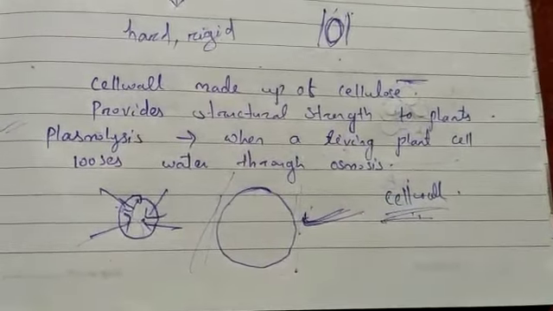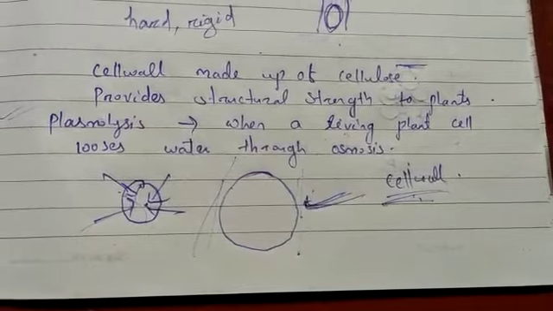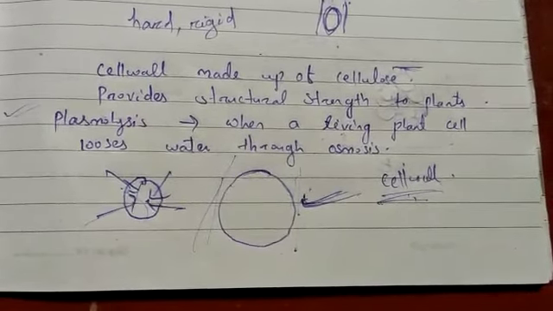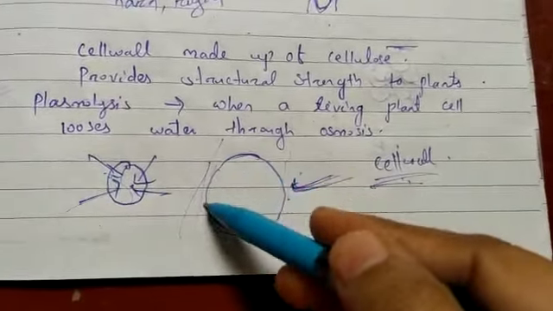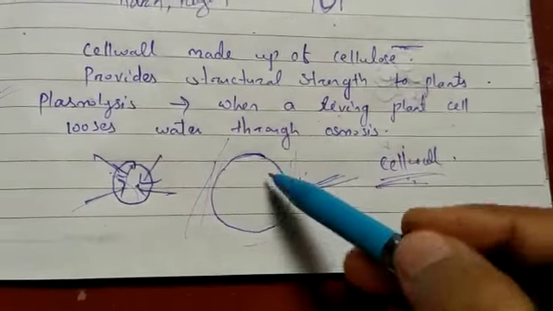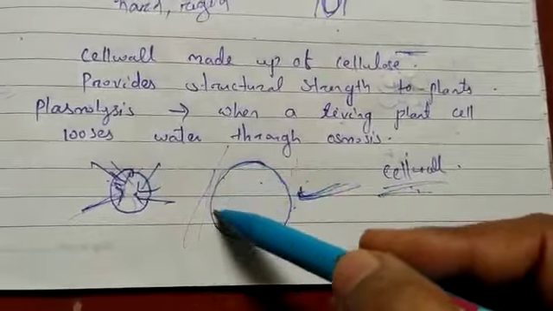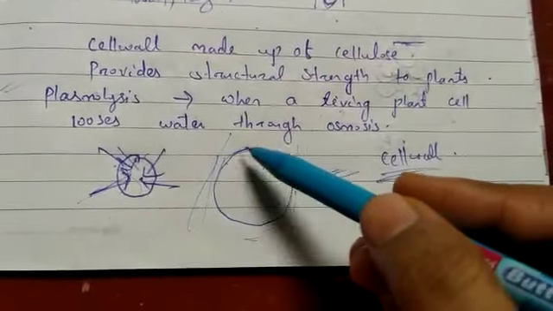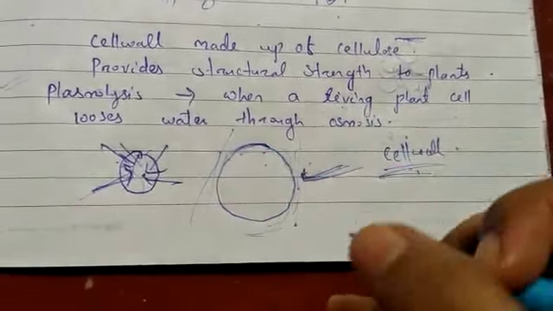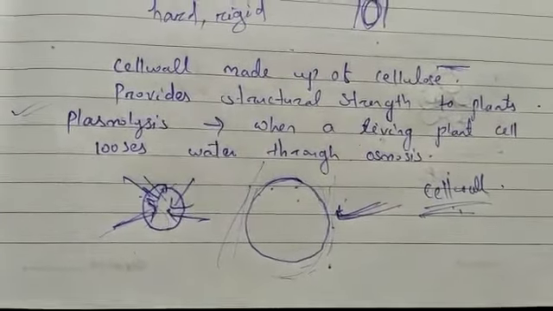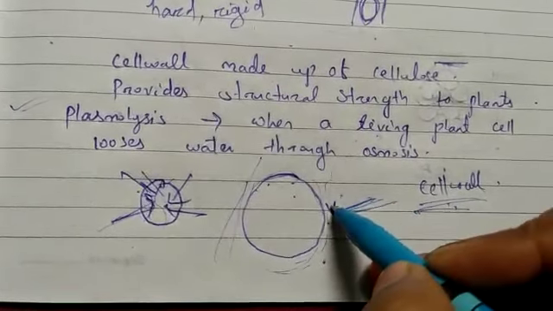In hypotonic solution, when the water concentration is high in the surrounding, the cell is swelling up and gaining water, and its size increases, due to which the cell bursts.